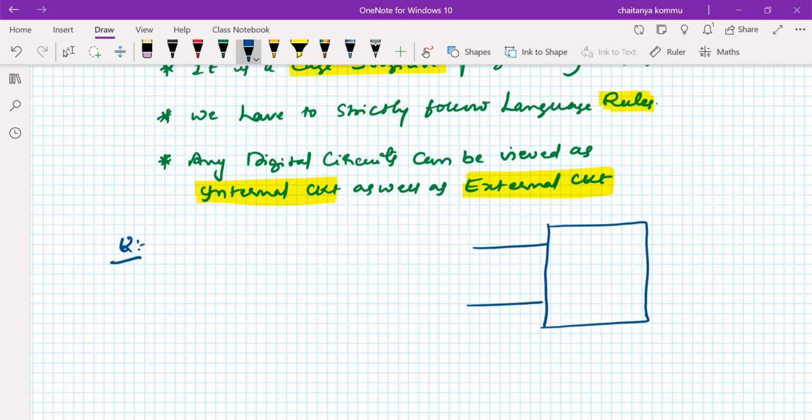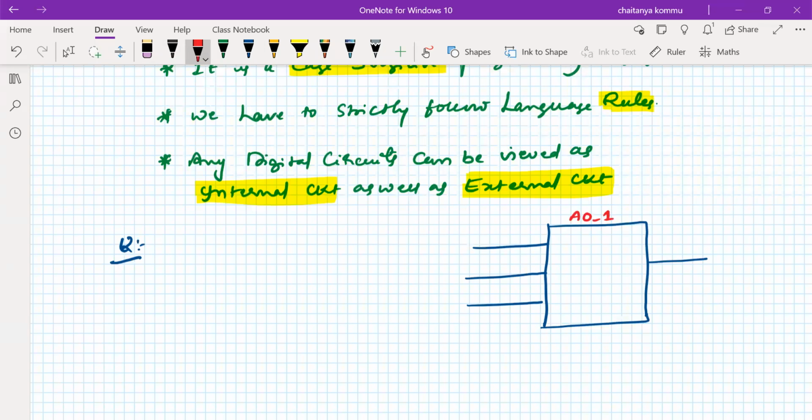For example, three signals we consider. Can you say this is an example circuit, example underscore one? Let us give a name for this one: AOI circuit, AND OR logic and inverter circuit. Inverter is not required, so AO underscore one. Okay, some name I have given for this digital circuit.